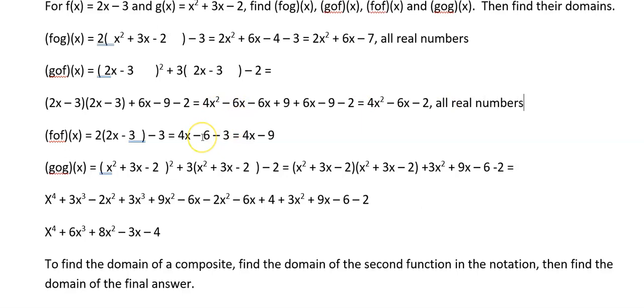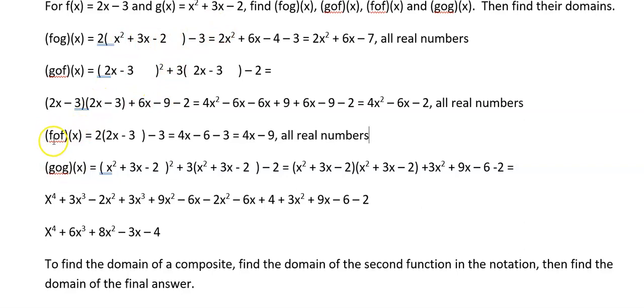All right, we can kind of guess that that's going to occur for the next two because we started with two polynomials. When we put them together, we have polynomials. But let's just go through the process. First one in the notation is f. F is a polynomial, so its domain is all real numbers. Our final answer is also a polynomial, so domain is still all real numbers. And then our last one, G, is the second one in the notation.